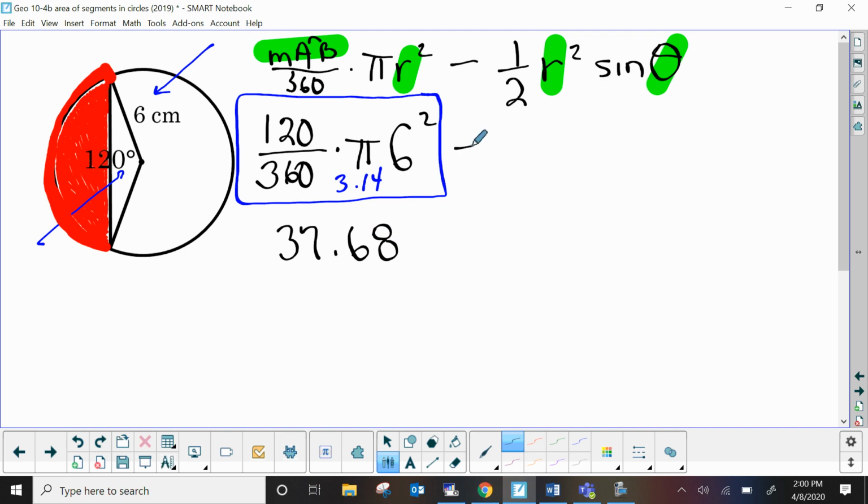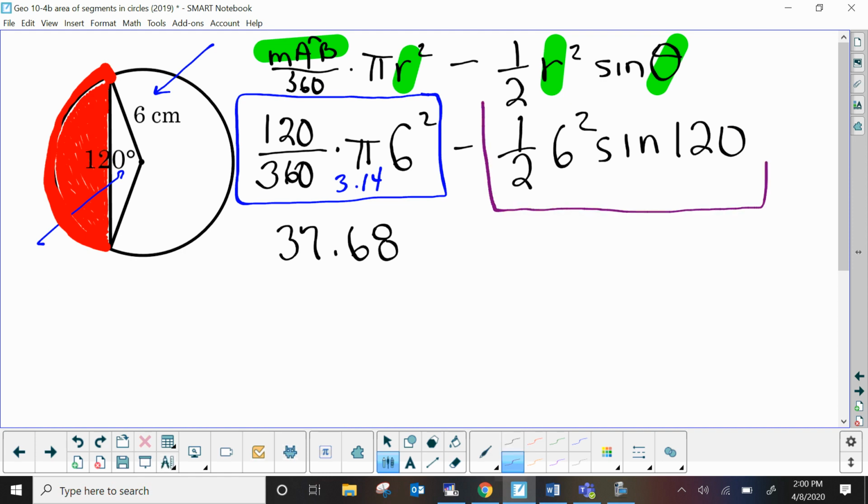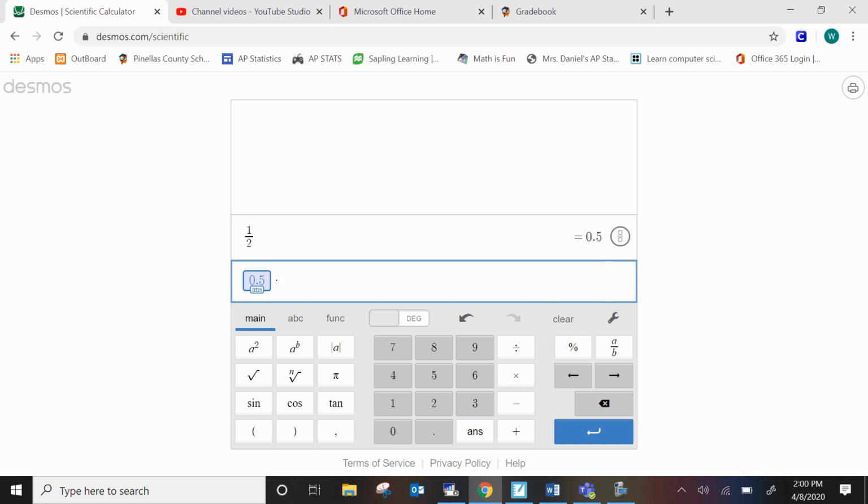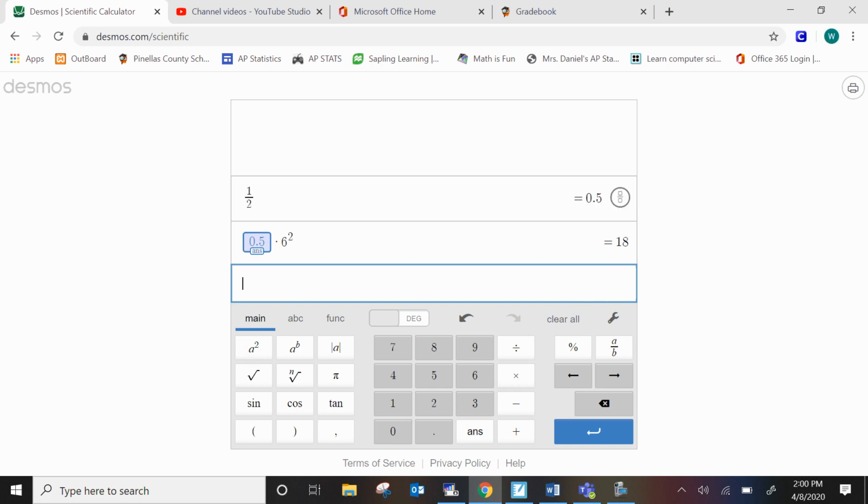All right, now I'm going to subtract 1/2 the radius again, which was 6 squared, times sine of 120 degrees. And again, I'm now moving to the calculator, and I'm going to type this in just as it is. So 1 divided by 2, enter, times the radius squared, the answer times 6 squared gives me 18.